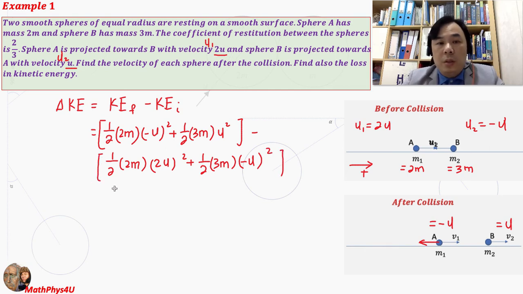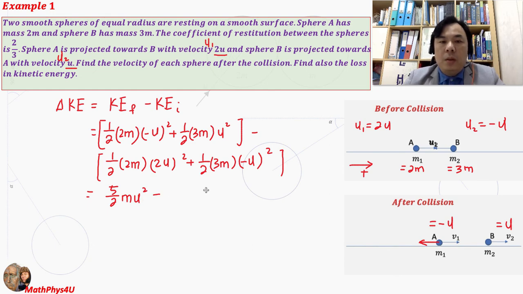Speed we don't really need to take into account its direction. Okay. Now from here you have mu. This part is mu square. This is 1.5 mu square. So therefore you get 2.5 mu square. So therefore 5 over 2 mu square.